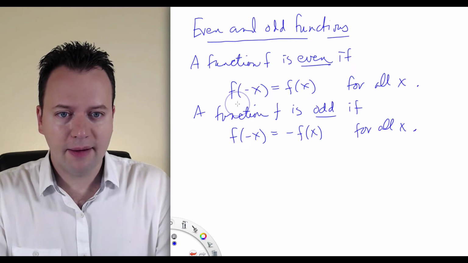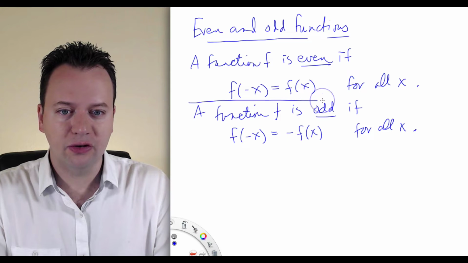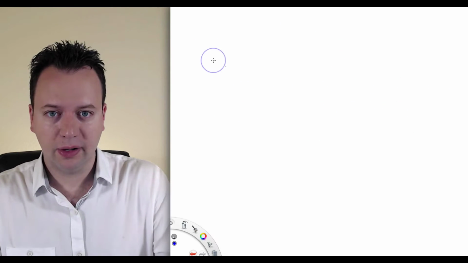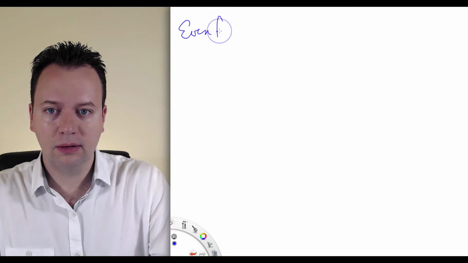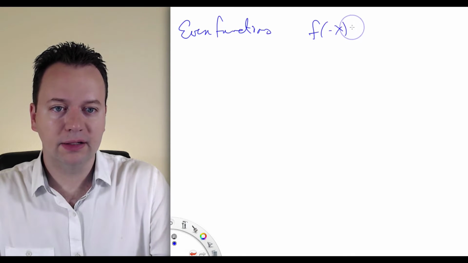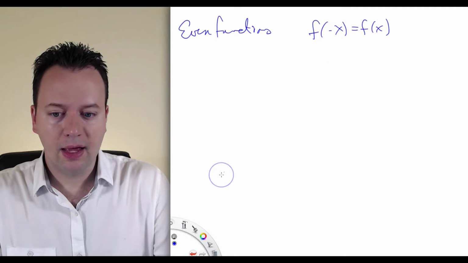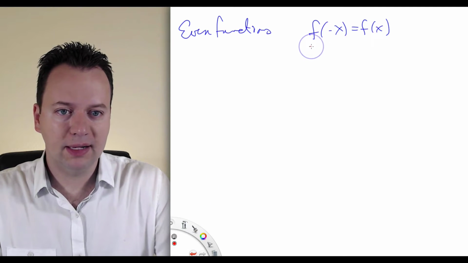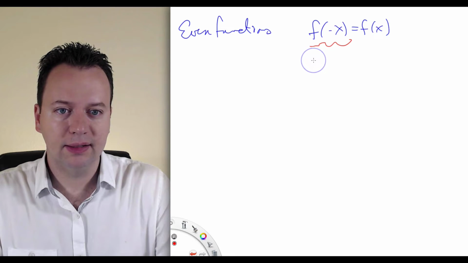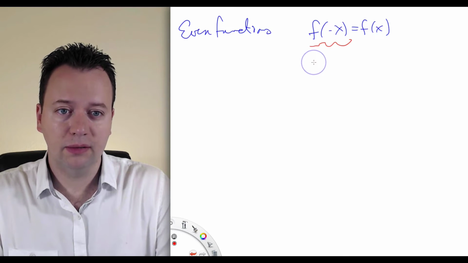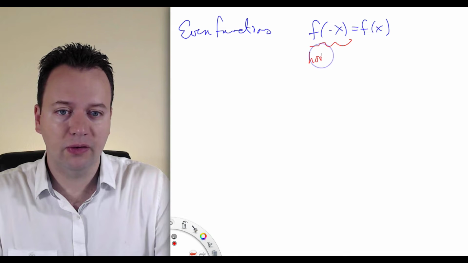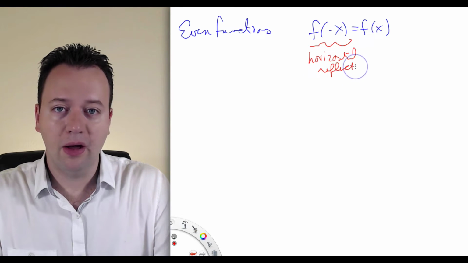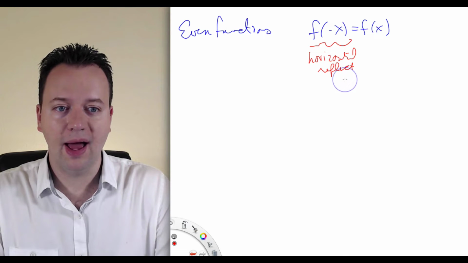If we look at the definition of even function first, here we said f of minus x was equal to f of x. Now we know from the previous video that f of minus x represents a horizontal reflection, so it's a reflection about the y-axis.